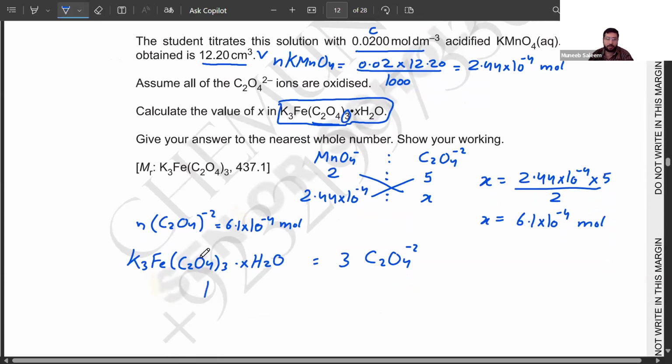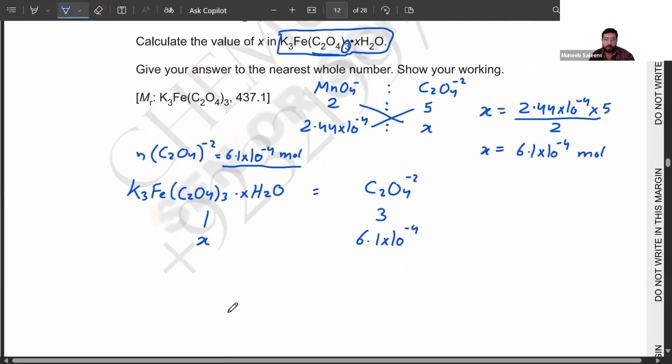We see that if there is 1 mole of this, then there are 3 moles of the ethanedioate. And the one which we have calculated here was 6.1 times 10 to the power minus 4 mole for ethanedioate. So in this case, the value for moles of this whole complex will be X.